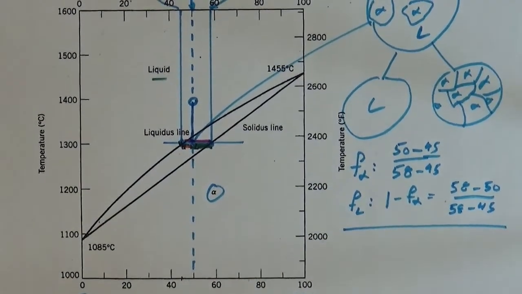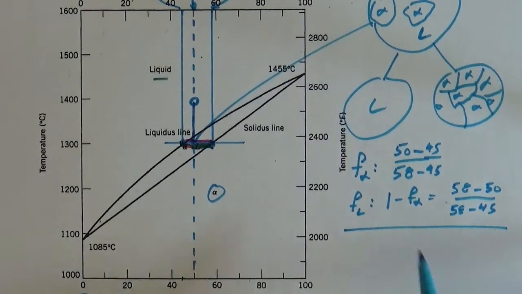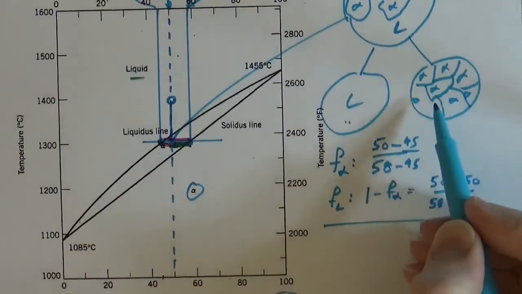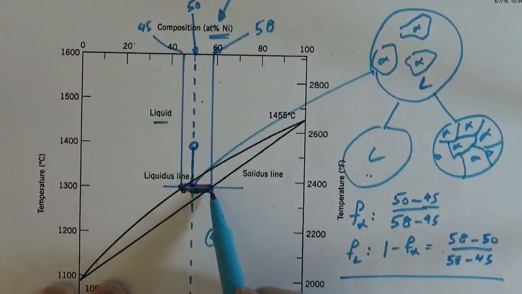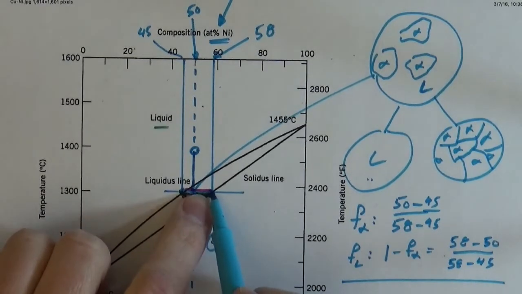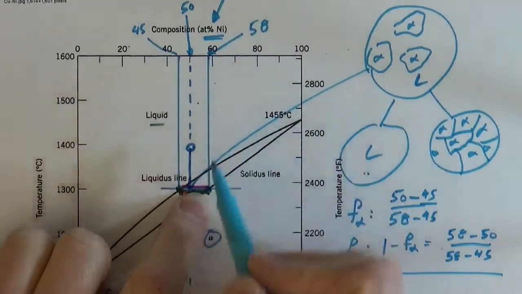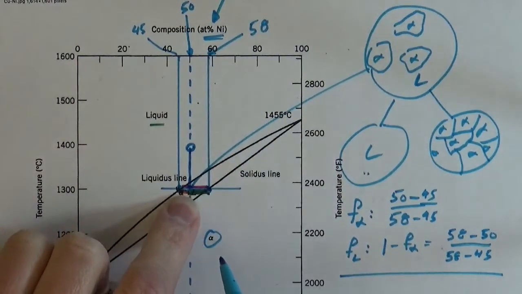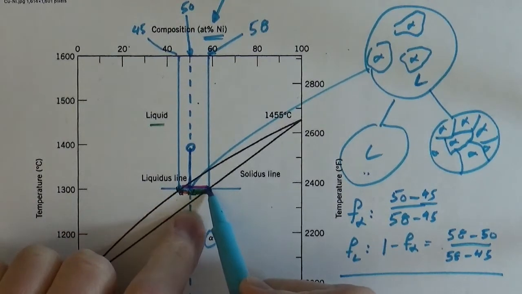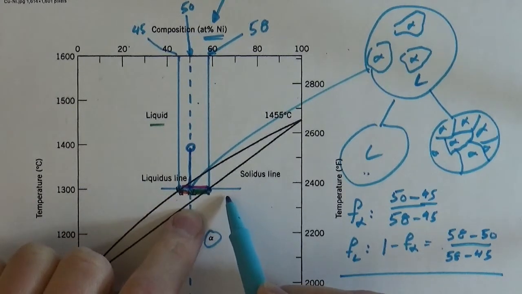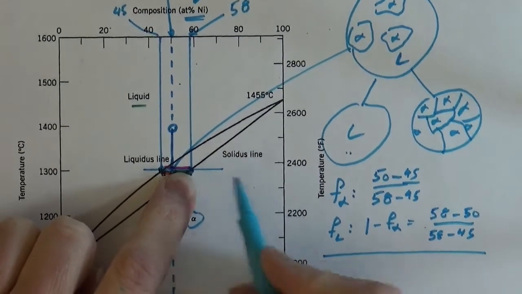Another thing we can get is the composition of each of these liquid and alpha, which we've separated out. And that comes from reading where the lines that we drop from the tie line intersect the axis. So we draw the tie line where the tie line crosses into the alpha region. That gives us the composition of the alpha.